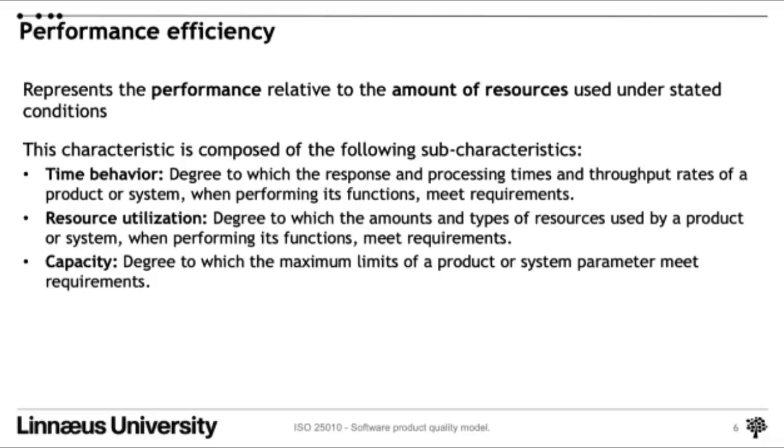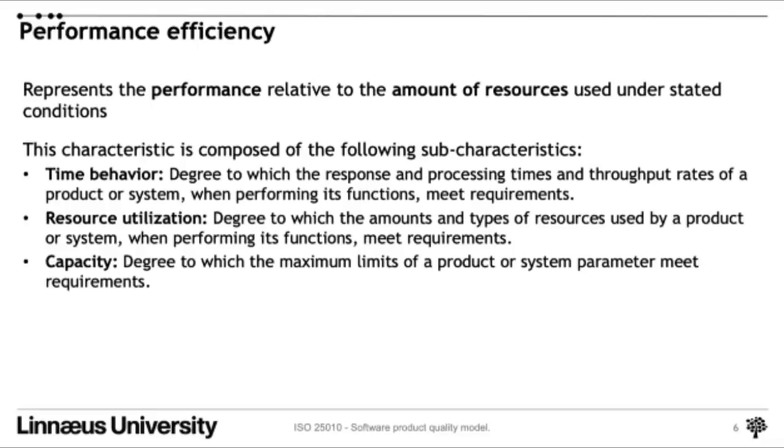Then the resource utilization, which measures the degree to which the amounts and types of resources used by a product or a system when performing its function meet the requirements. I mean, if you consume too much RAM or too much space on your hard drive, then you might face an issue, and then you need to revise, I don't know, your database, for example, because you are not storing your data properly.